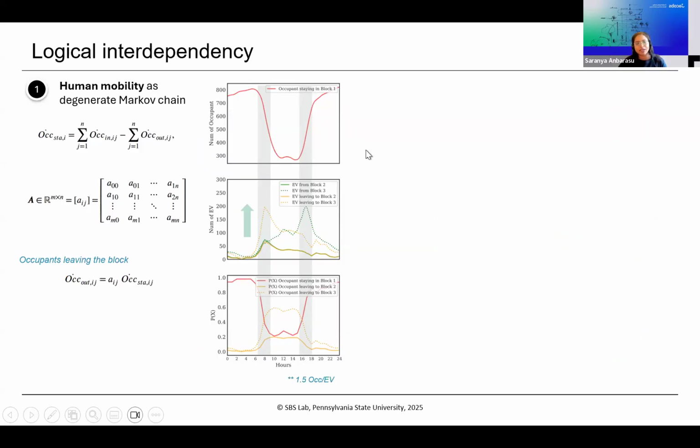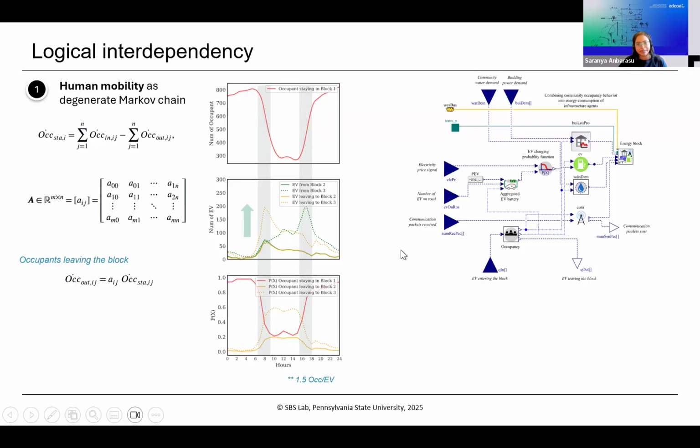This was modeled as a degenerate Markov chain, which is more like a matrix, and it can be stochastic or deterministic, which helps define things more realistically. We similarly observed that when there are more occupants staying in the block, we saw larger power consumption, and the EVs are also based on how many people leave the block, which is converted into EVs moving on the roads outside those blocks.